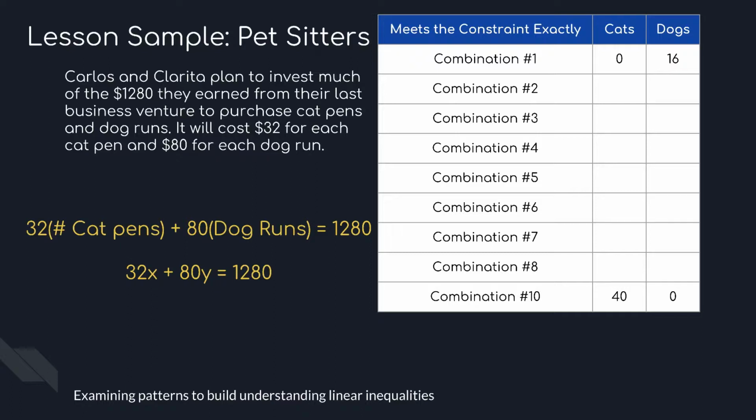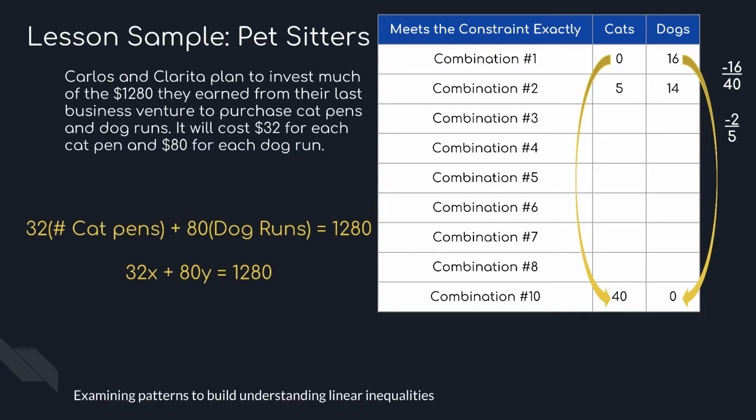From here, we can develop a slope and determine other combinations that will meet the constraint exactly. We can see that when we decrease the dog runs by 16, we can increase the number of cat pens by 40. When we reduce this ratio, we can see that we can reduce dog runs by 2 and increase cat pens by 5.